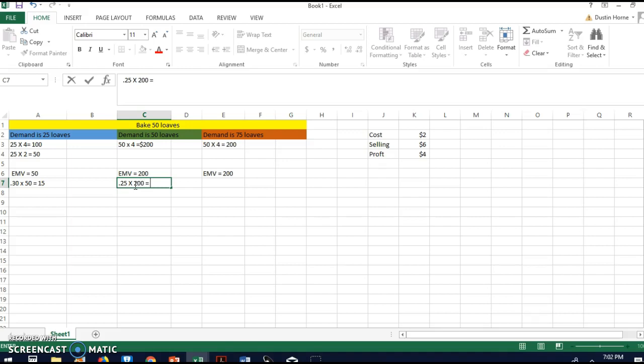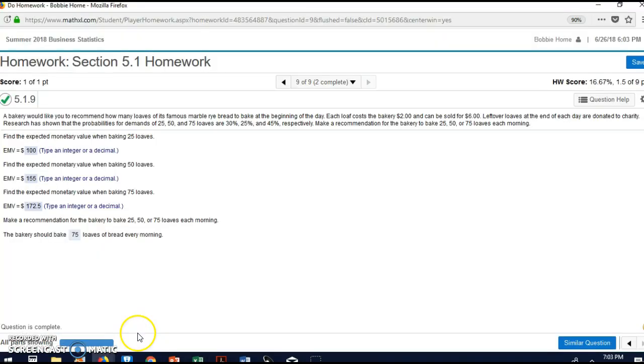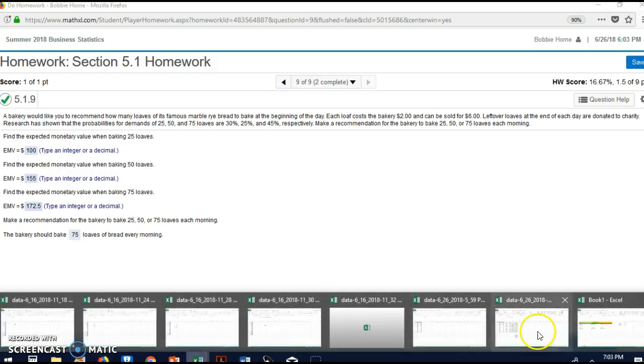So that would be 50. And then on this situation here, there is a 45% chance that this would happen. So that would be 90. So the expected monetary value would be 15 plus 50 plus 90. So it would be $155.